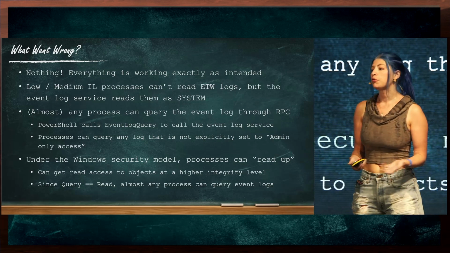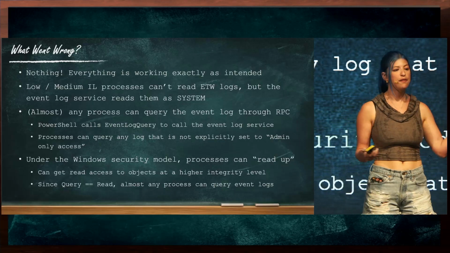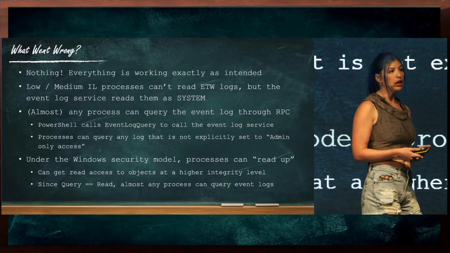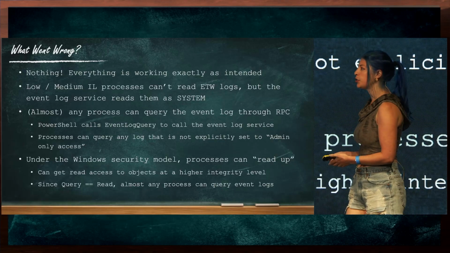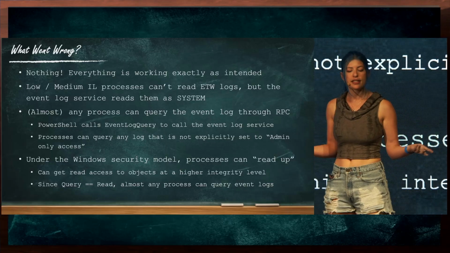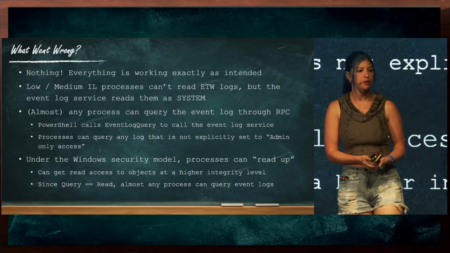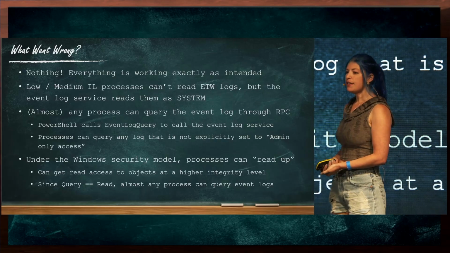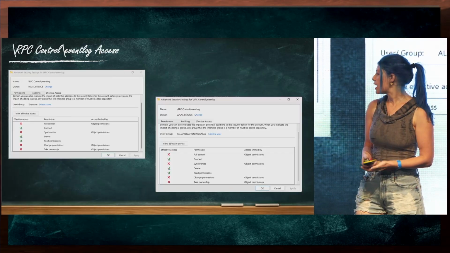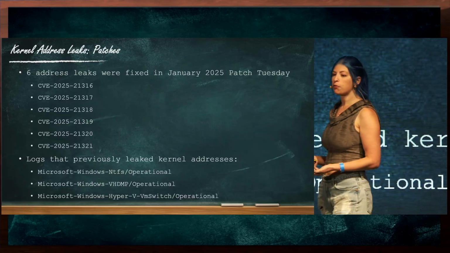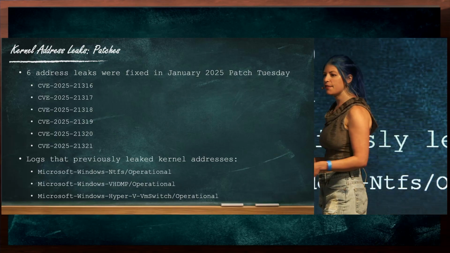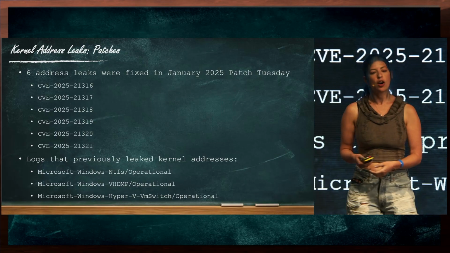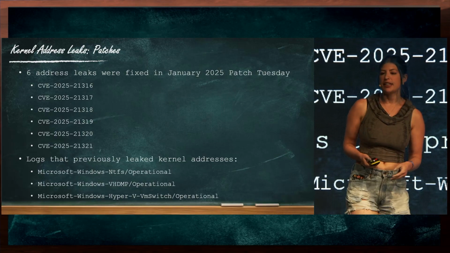So there's no telemetry for that at all. It doesn't raise any flags or anything. This is allowed to any process, low integrity, app container, any process at once. And the coolest thing about this is even though the specific ones I found and reported were fixed, and there were 6 CVEs here, over 3 different event log channels.